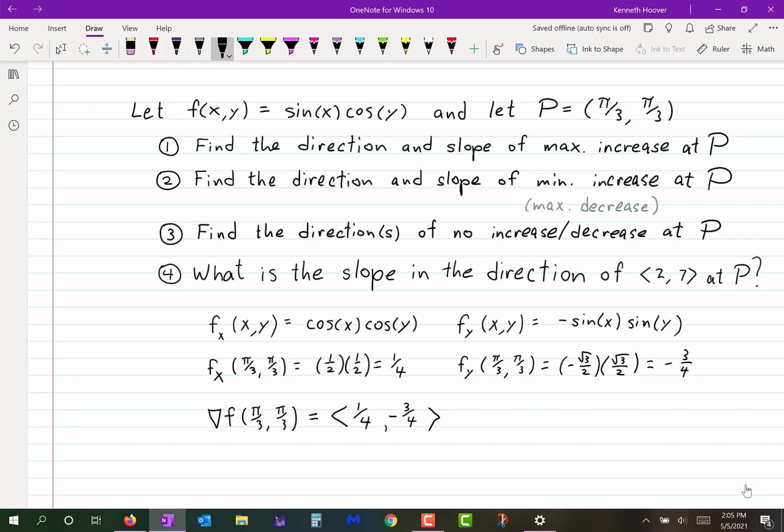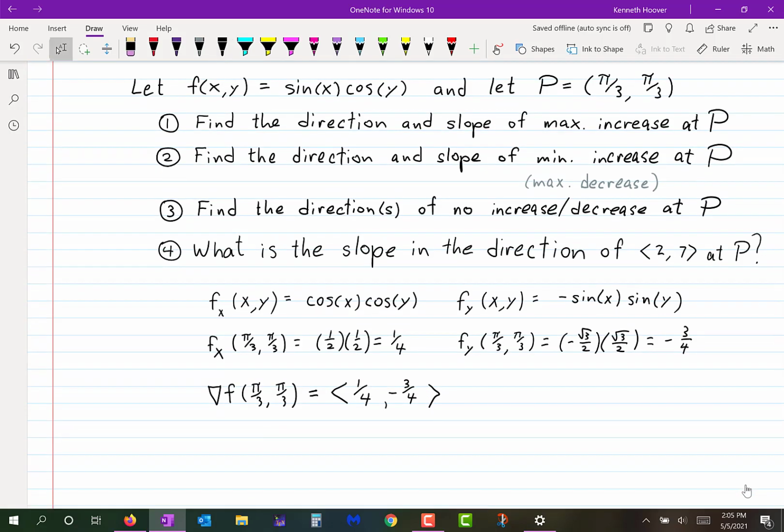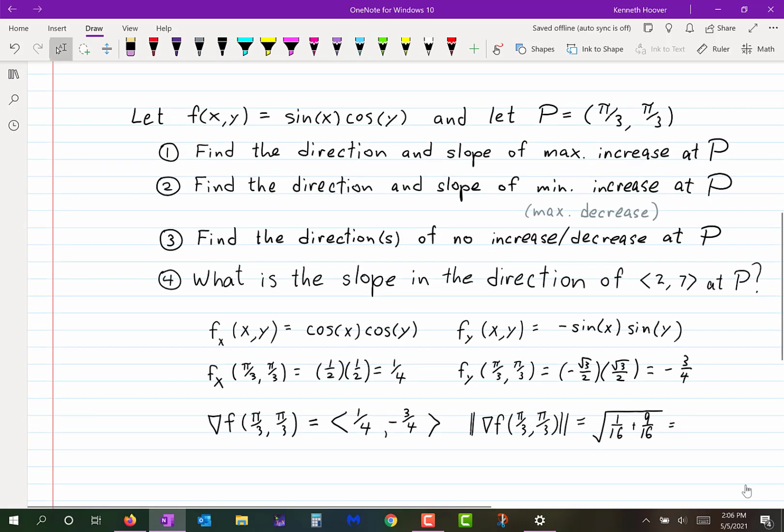So I'm going to calculate the magnitude of that vector, so that is the square root of 1/16 plus 9/16, which is root 10 over 4.